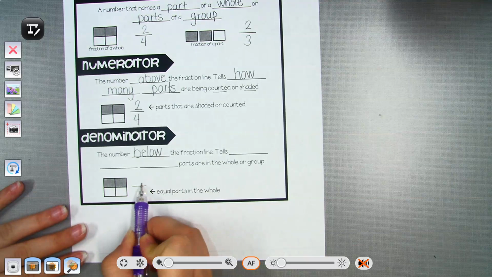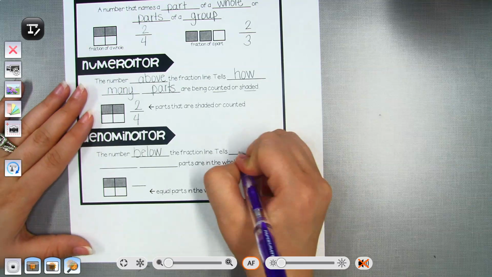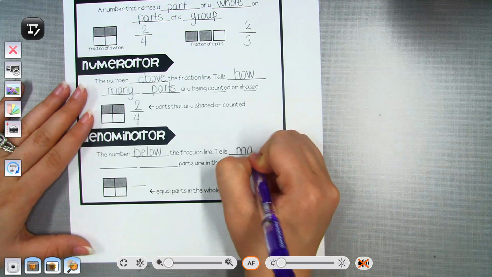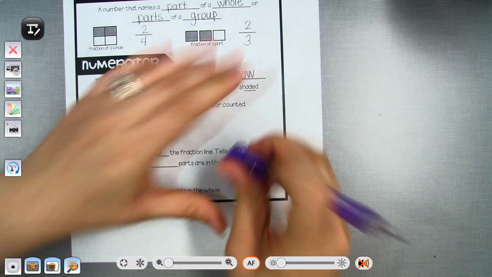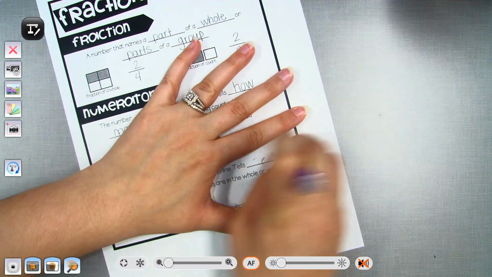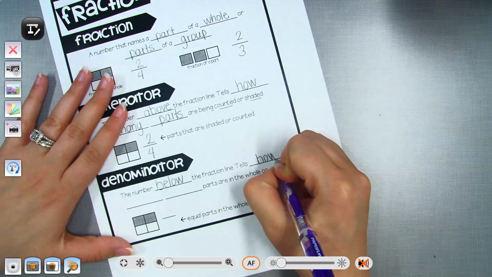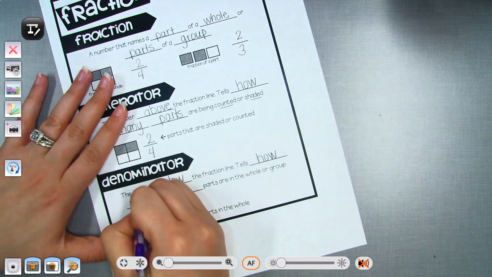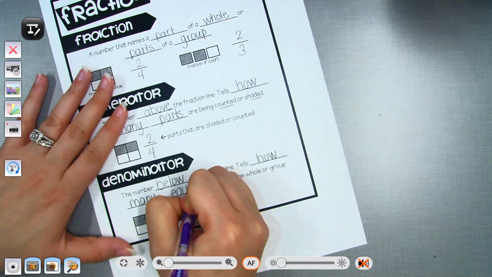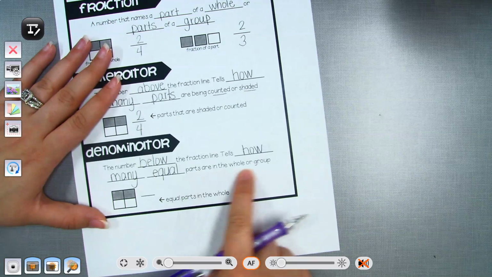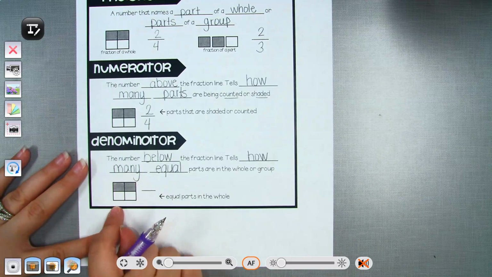This is the denominator. It tells how many equal parts are in the whole or group. So this is going to tell me how many in all.